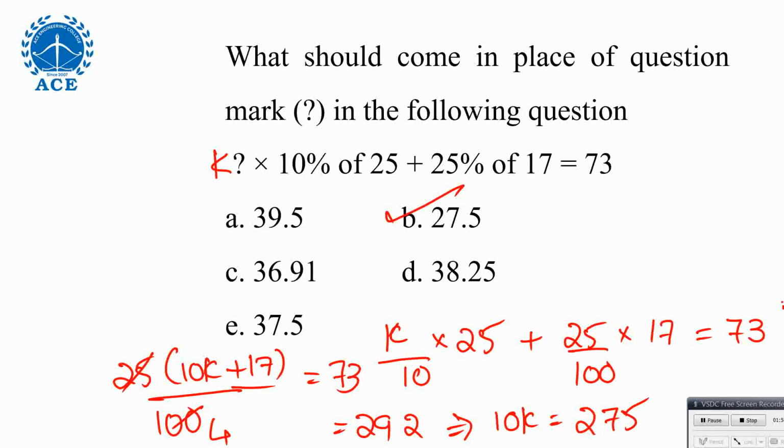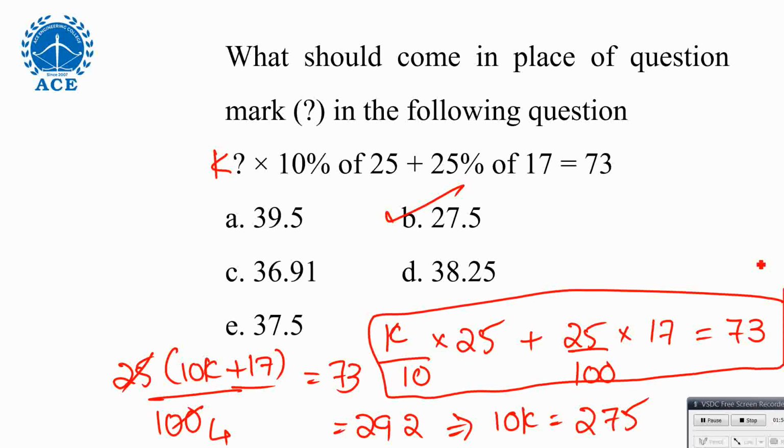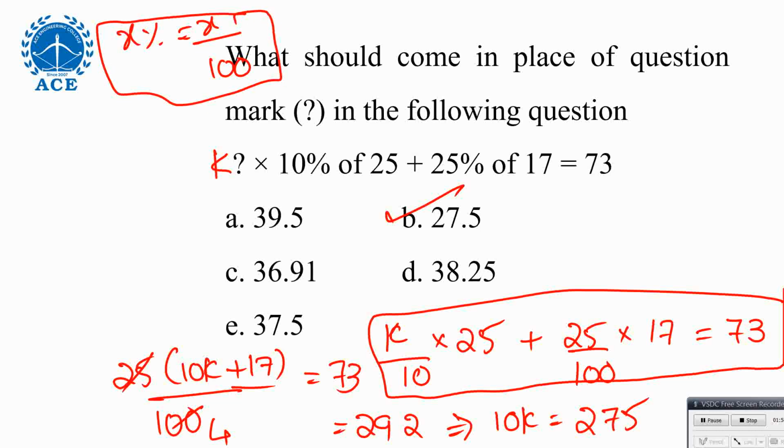This is equation solving, but the only thing you require in this question is X% means X by 100. You have to write that. That knowledge is sufficient to handle this question, not more than anything. X% is X divided by 100. This is a quant related question, simplification.